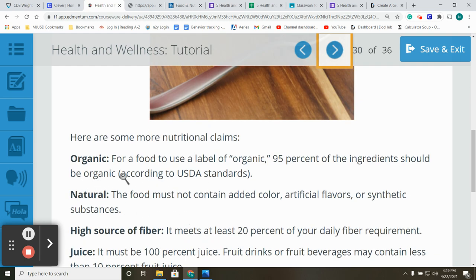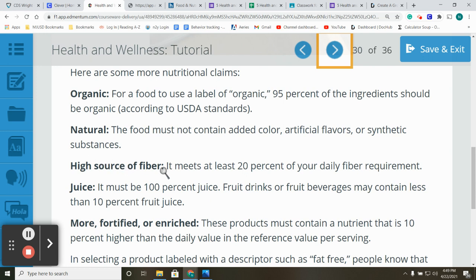Organic. For a food to use a label of organic, 95% of the ingredients should be organic according to USDA standards. Natural. The food must not contain added color, artificial flavors, or synthetic substances. High source of fiber.